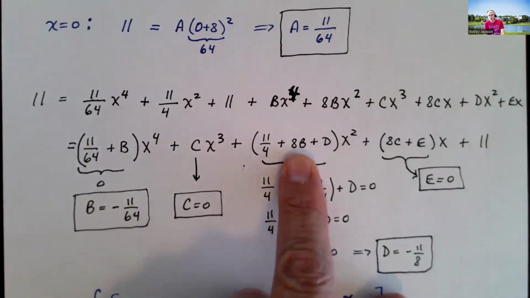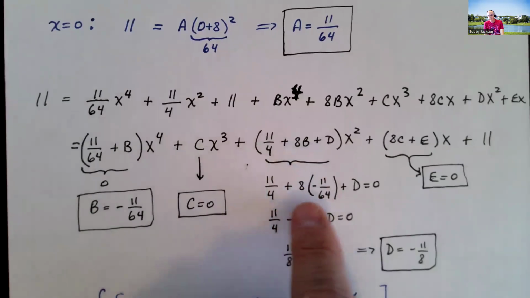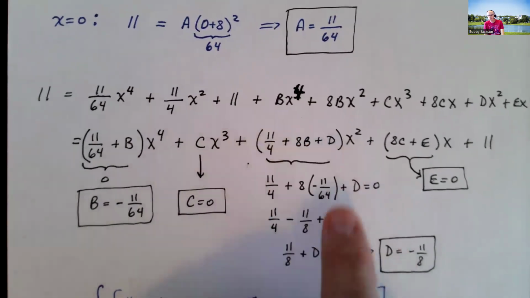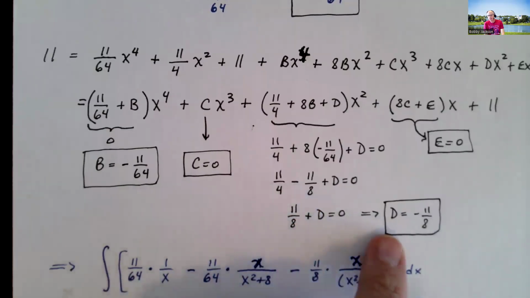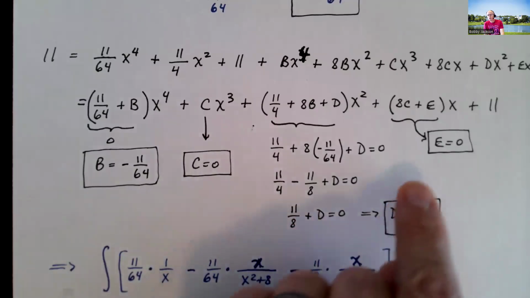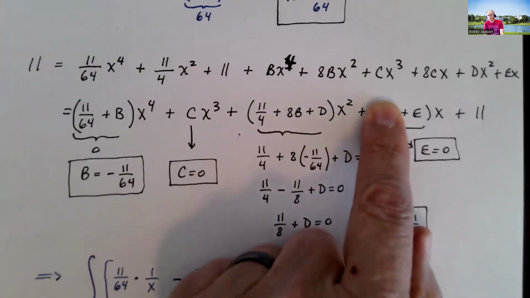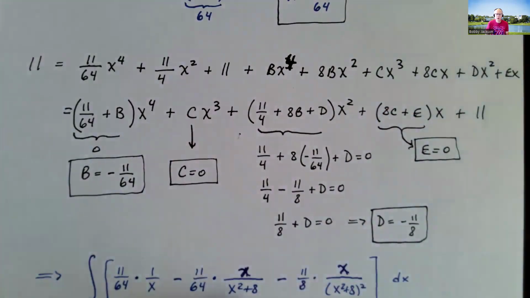We know the value of b from here. So 11/4 plus 8 times b, plus d, that's going to have to be 0 because it's the coefficient of x squared. And simplifying that out, I get d is negative 11/8. Remember, c was 0, so if I plug in here, I get e must also be 0 because the coefficient in front of x has to be 0.